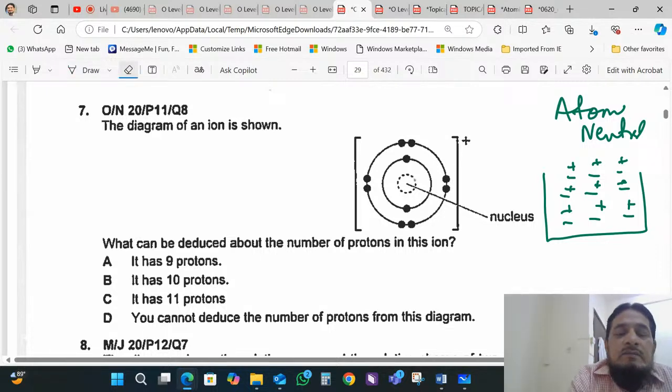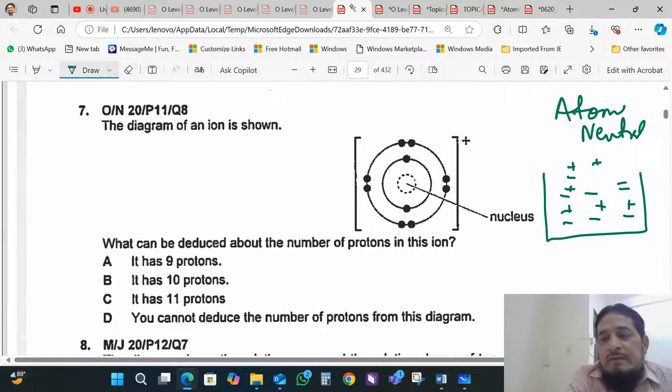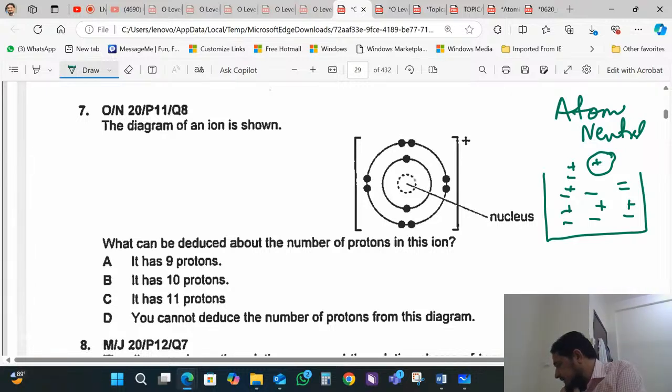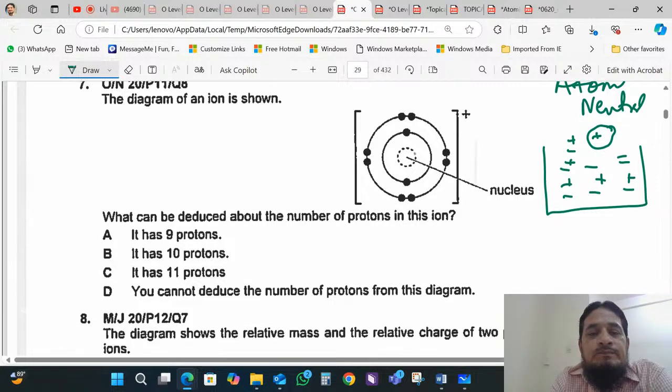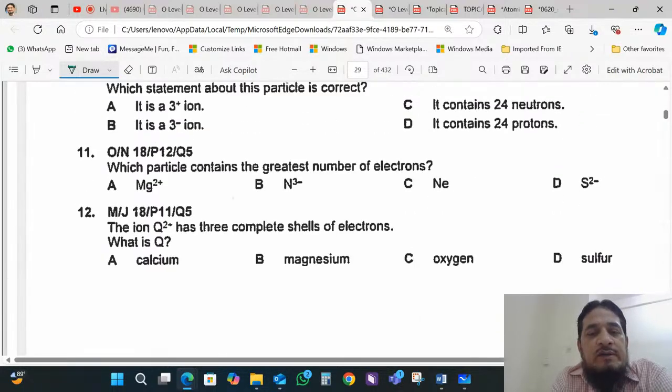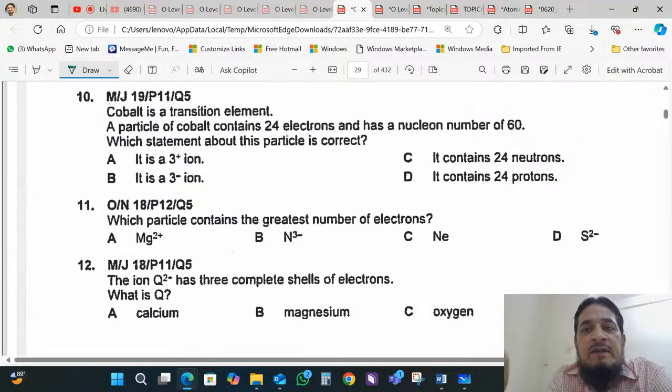If an atom loses electrons, then the protons, meaning the positive particles, will increase. So if you do these kinds of questions, they will be helping you.